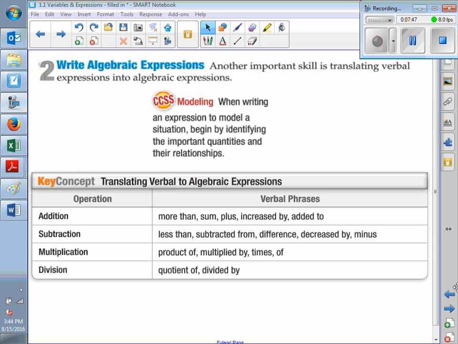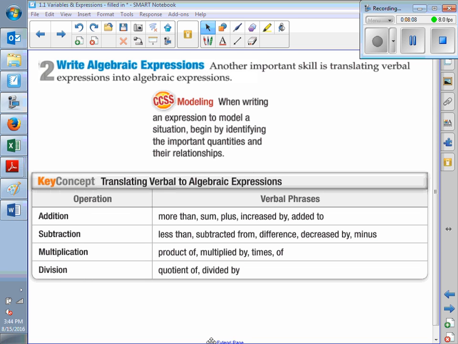When we write algebraic expressions, another important skill is translating verbal expressions into algebraic expressions. So that is translating English to math, okay? When writing an expression to model a situation, you begin by identifying the important quantities and their relationships.